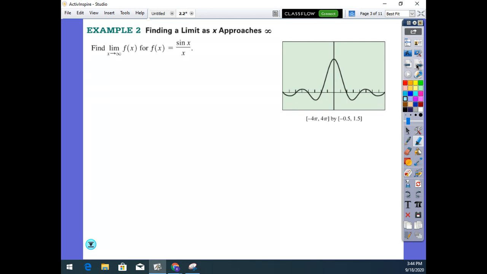All right, let's revisit this function, f of x equals sine of x over x. Now, this is why I say it's so important. If you recall, the first time we looked at this, we looked at the limit as x approached 0. That was this value here.